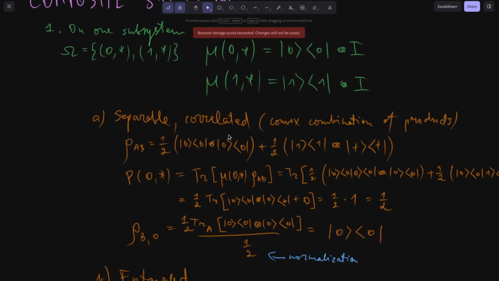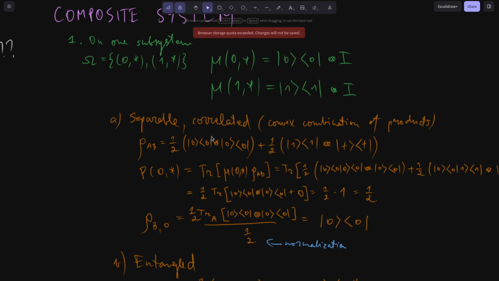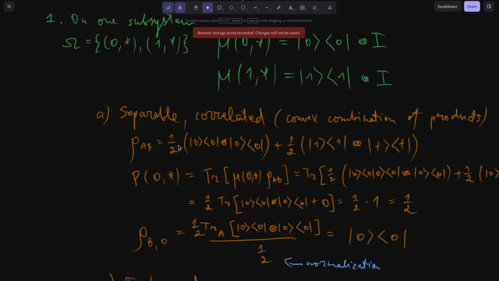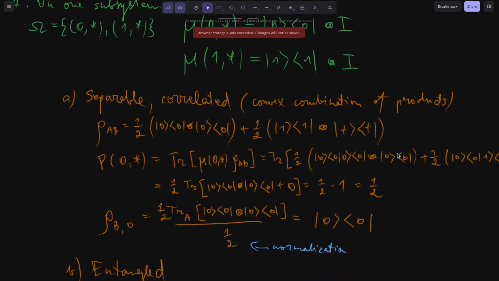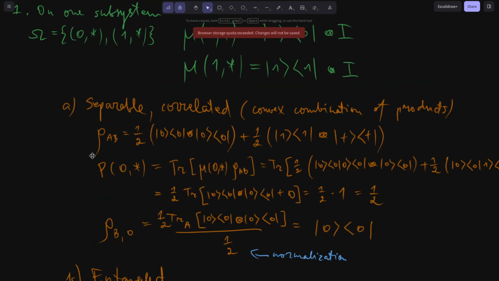And for this measurement, we have 2 examples. We have separable, classically correlated system, and separable state, which is again a convex combination of products. So we write it as a convex combination of products, and then we calculate, for example, the probability that we measure 0.